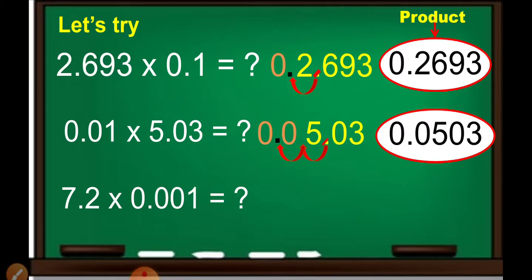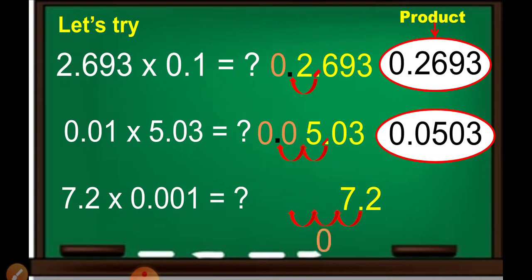7.2 times 0.001 equals n. So how many decimal places in the given power of 10? There are 3 decimal places in 0.001. So from the given 7.2, we will move the decimal point to the left 3 times. So let's move 1, 2, and 3.